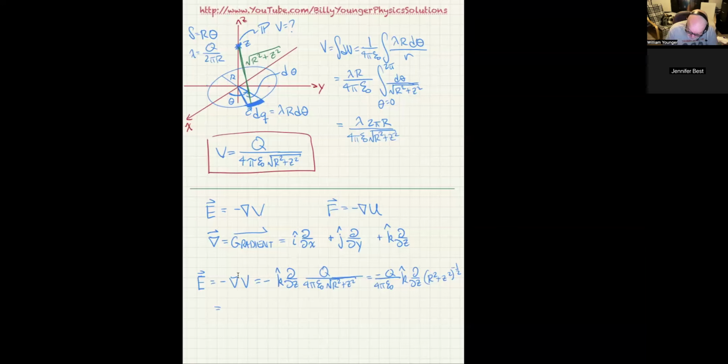So the negative 1/2 comes out in front, and I'm going to get, in fact, positive q over 8 pi epsilon naught k hat, and that's just that part.